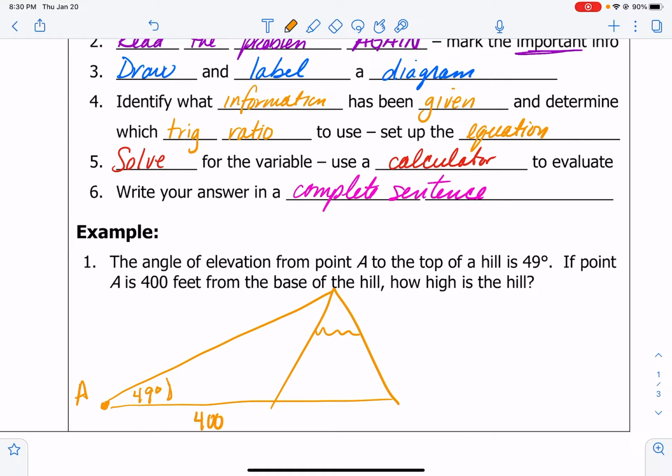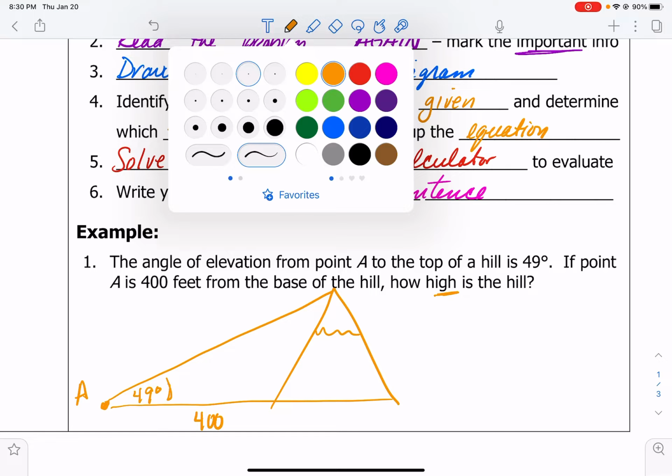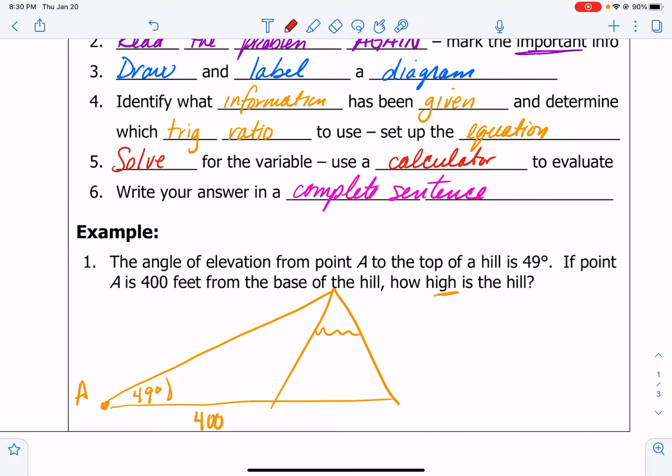So, how high is the hill? This is where having multiple colors might prove useful. So this is my opposite side, and this is kind of the side that I'm looking. This is my height. This would be the right angle.